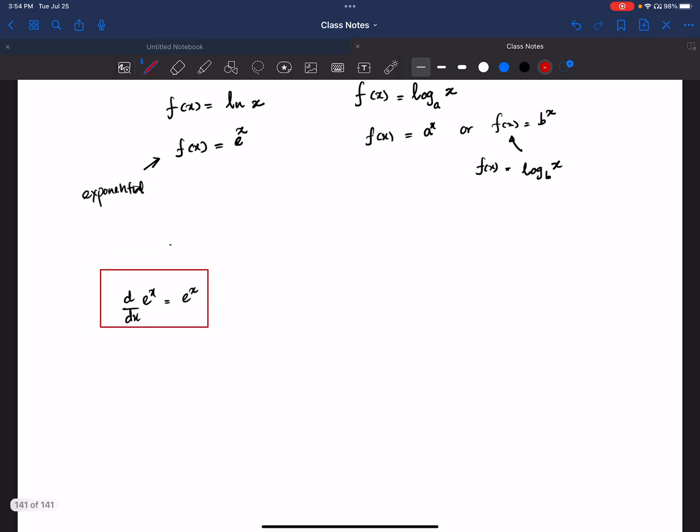And now from this, we can obtain the derivative of logarithmic functions.